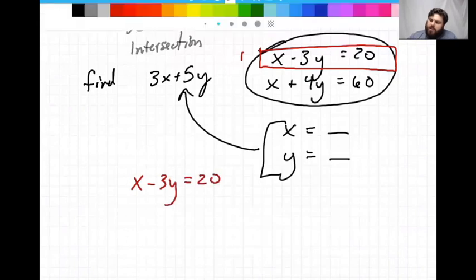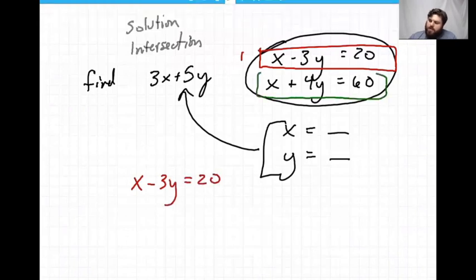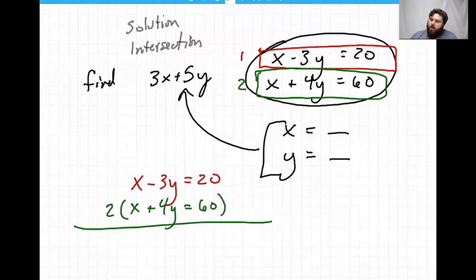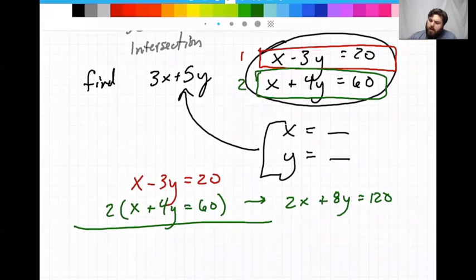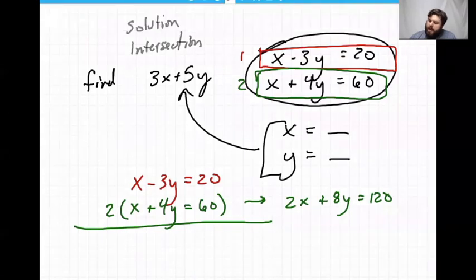And then I were to take two of these equations, okay? So two of them, I would have to multiply everything in here by 2, okay? What happens is, right, when I multiply everything in here by 2, I get 2x plus 8y equals 120. And over here, right, I get x minus 3y equals 20.